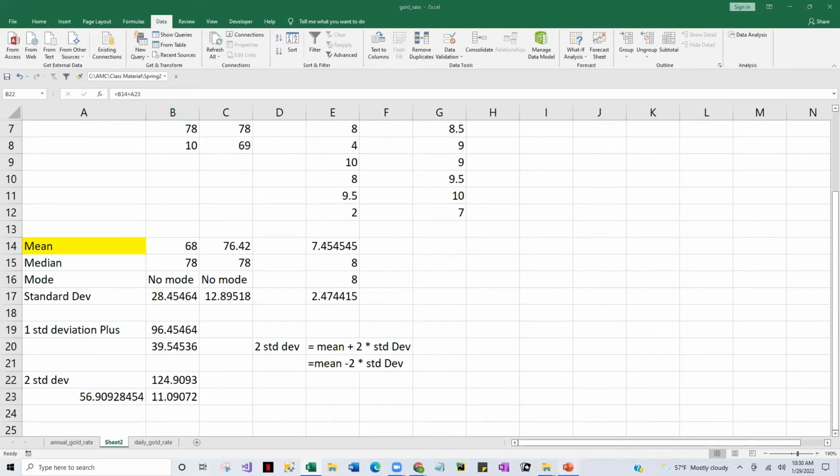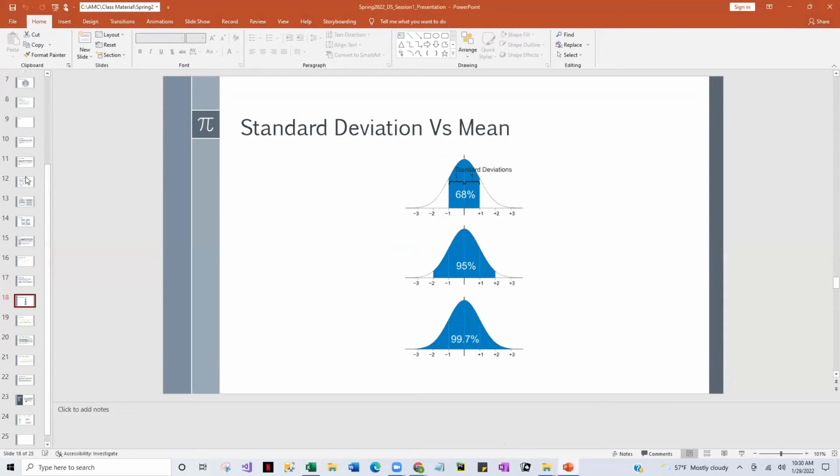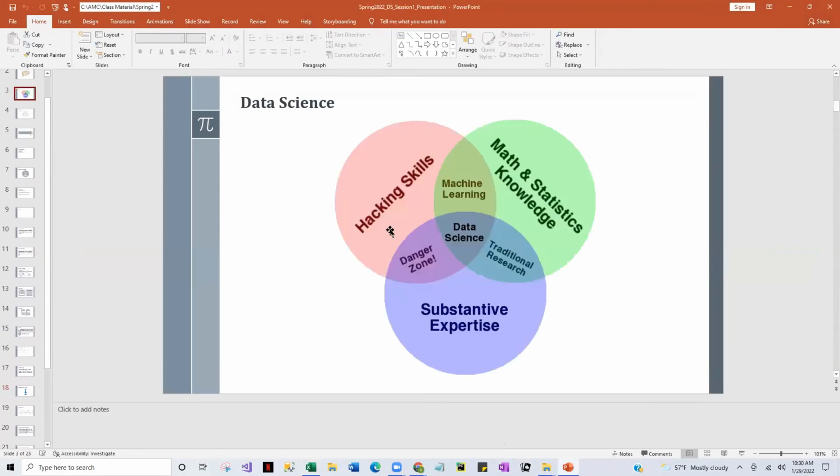See, we already saw this one, right? Your statistics is saying that your range is going to be 124 to 11. So is this right? I already said that the score is going to be out of 100, right?